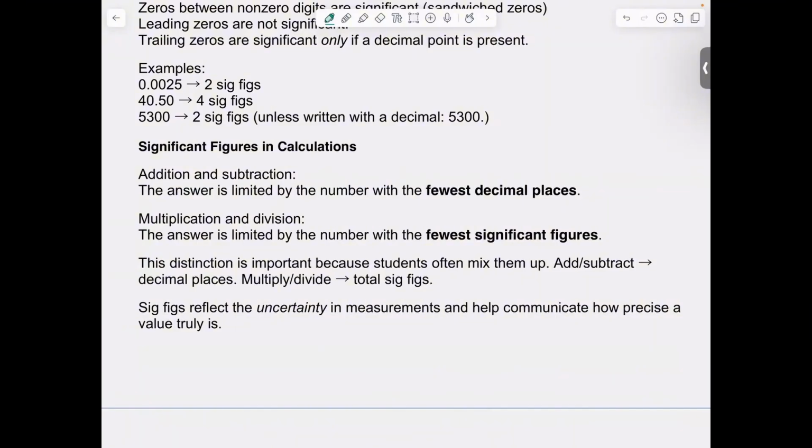And in multiplication and division, I kind of like this scenario a bit more because you simply tally up the sig figs, and say you're doing multiplication, you just answer in the number with the lowest number of significant figures. It kind of takes the guesswork out of that. And largely your calculations will be based on multiplication and division.